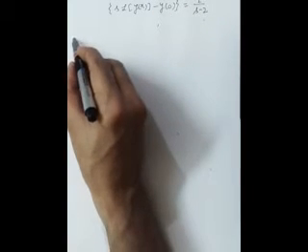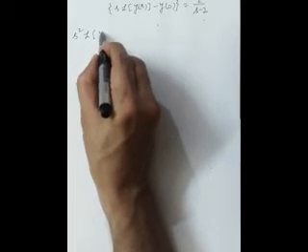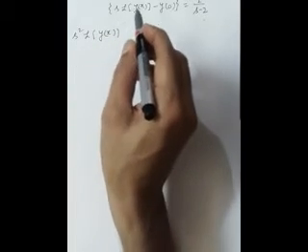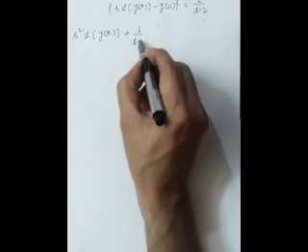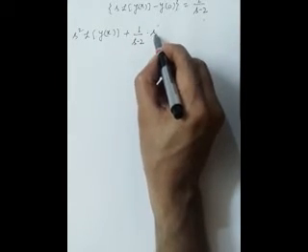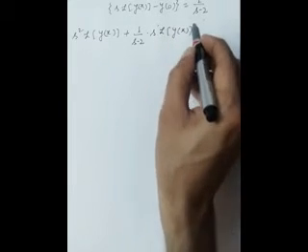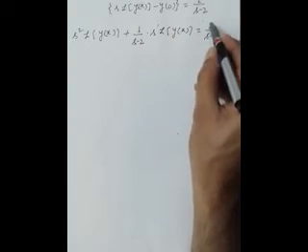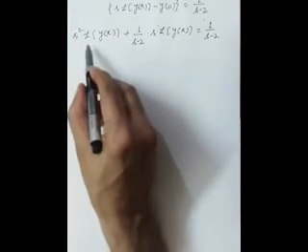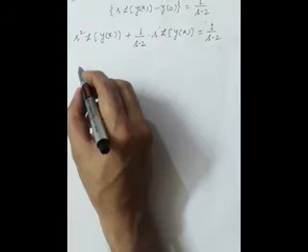So we have s square Laplace transform of yx plus 1 upon s minus 2 into s Laplace transform of yx. This is equal to 1 upon s minus 2. Now here we take common Laplace transform of yx.